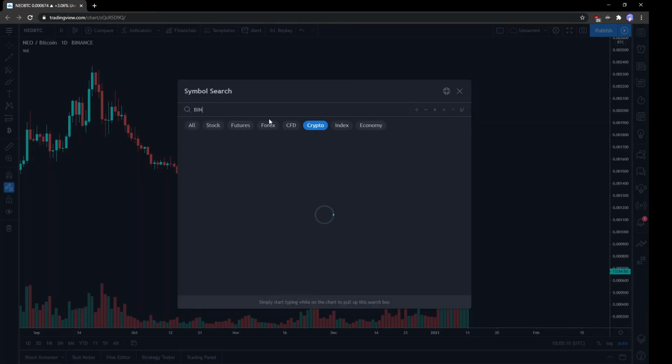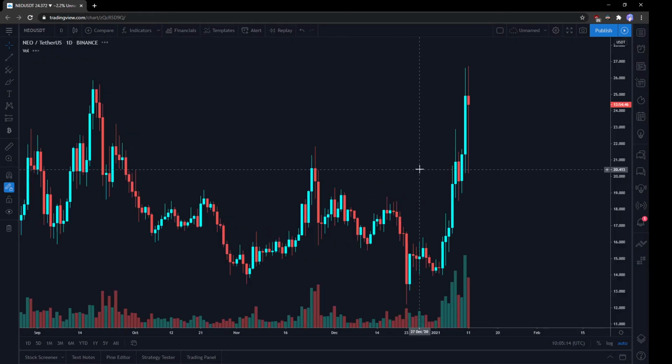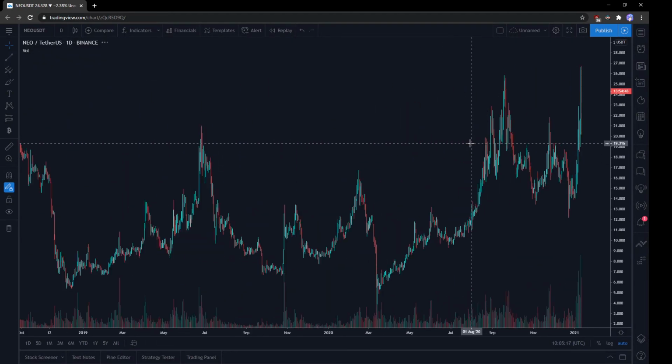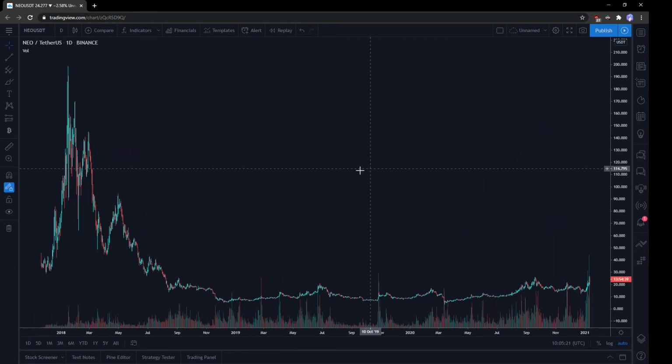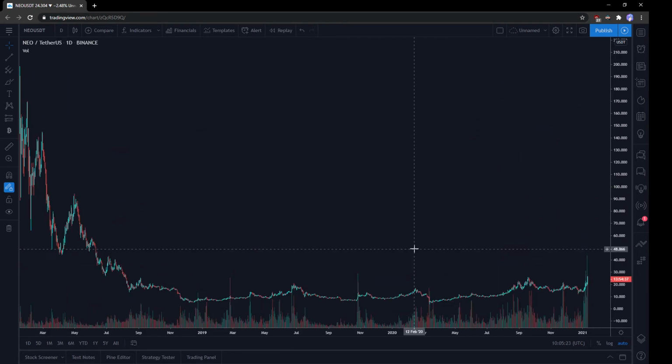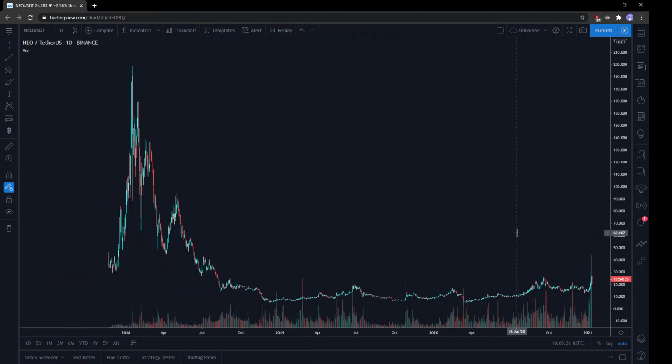So we go to NEO USDT. We can see that it's starting to move up, but that it still has a lot of space to go up.